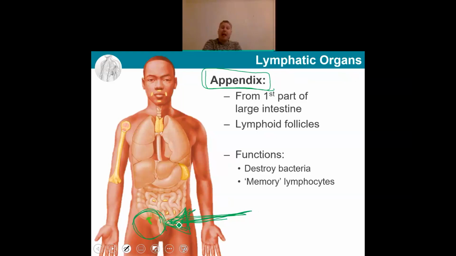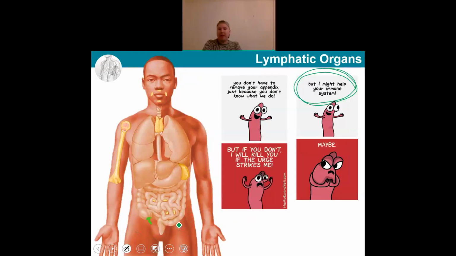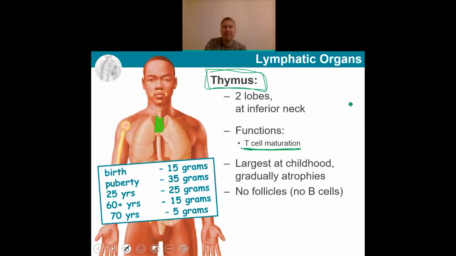But now that we eat less plant-based diet, the appendix keeps shrinking and shrinking, and eventually we probably get rid of it. We don't know exactly, that's the best theory that we have, but we don't know whether the appendix could have some sort of another function within the immune system. Maybe it's helpful and we just don't know it fully yet. So there's more work to be done to figure that out.